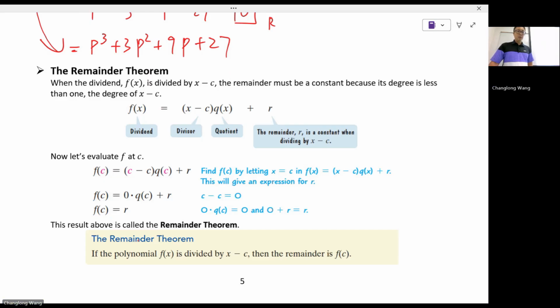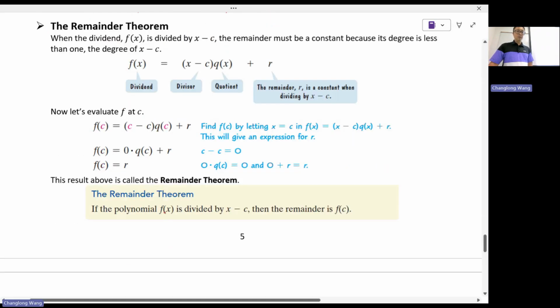They claim if a polynomial function f of x is divided by the factor x minus c, the remainder will always be the function value if you evaluate f at x equals c.